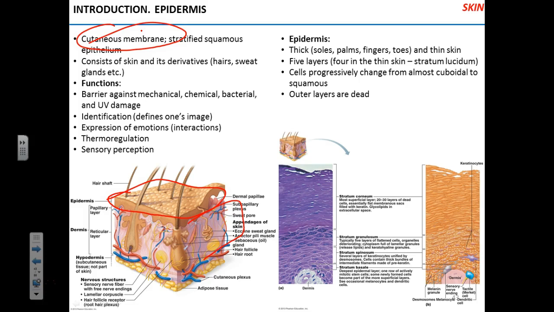If we talk about burn victims, one of the major concerns for them is to prevent water loss, which is enormous because their tissues are not protected, and nothing prevents water from evaporating from the tissues. It also protects from UV light, mechanical damage, and of course bacterial damage, infections.